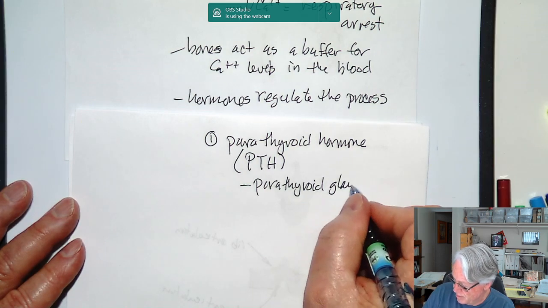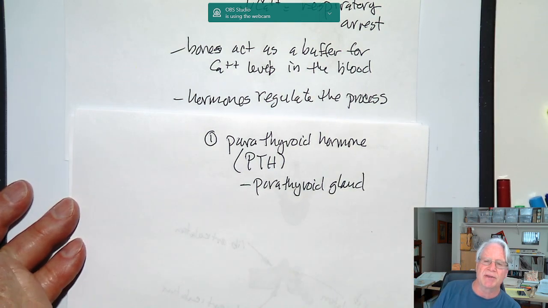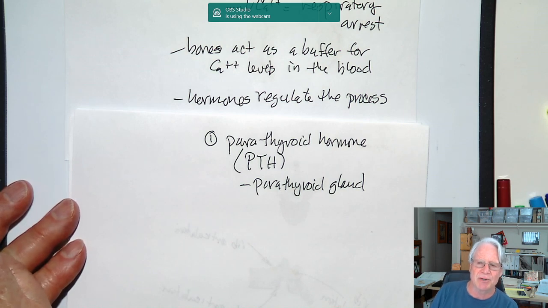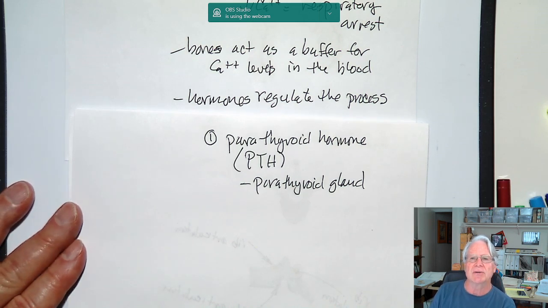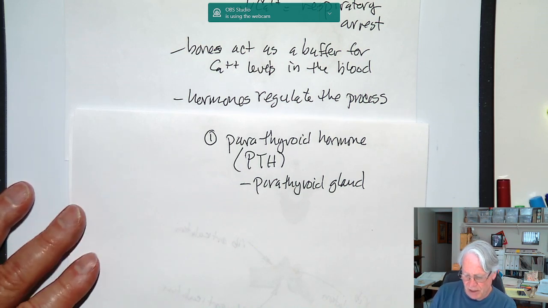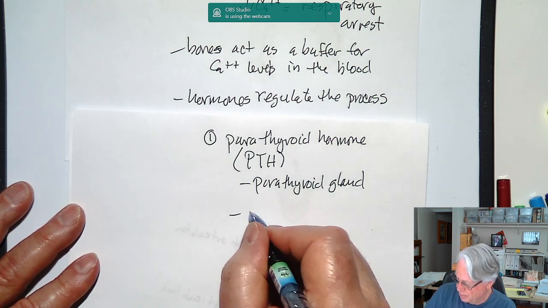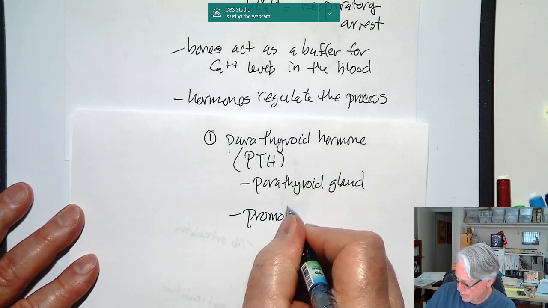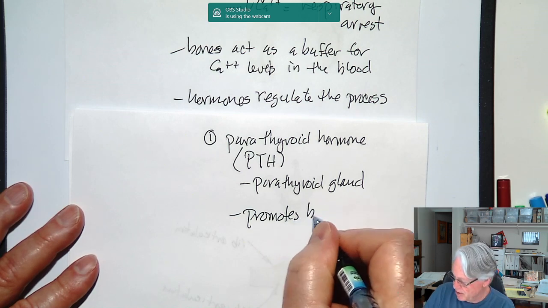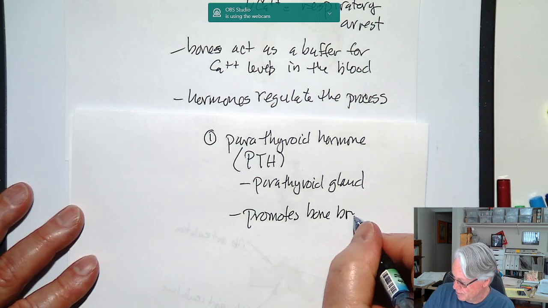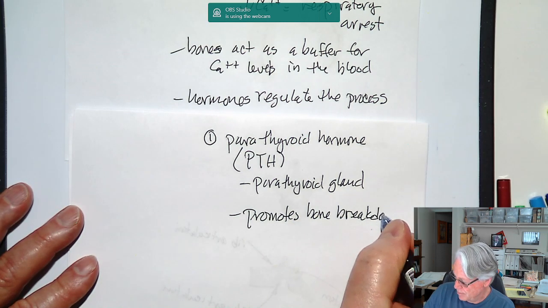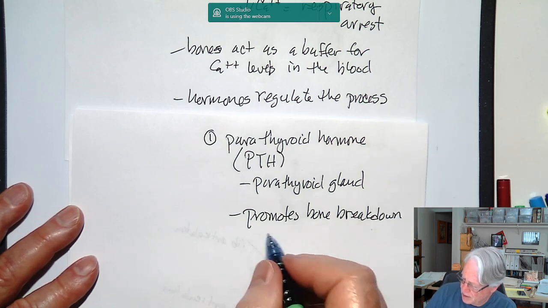And as you might imagine, based on the name, the parathyroid gland sits right next to and is tucked almost into the thyroid gland. And this is going to promote bone breakdown, that is the release of bone tissue.